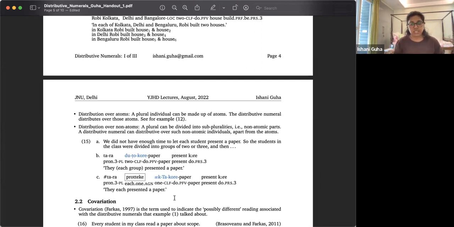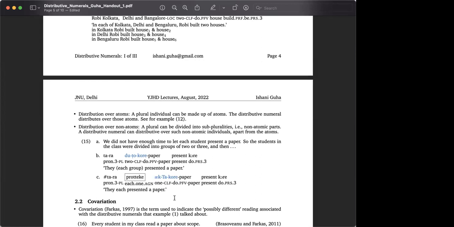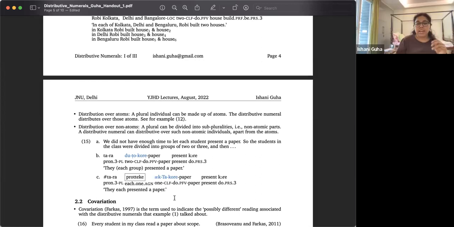If I have, let's say, Veena, Tina and Meena, one group can contain Veena and Meena, another group Meena and Tina, and the third group Tina and Veena. The plural Veena, Meena and Tina can have as its parts all those sub-pluralities.